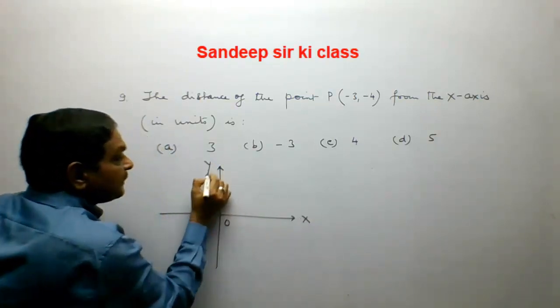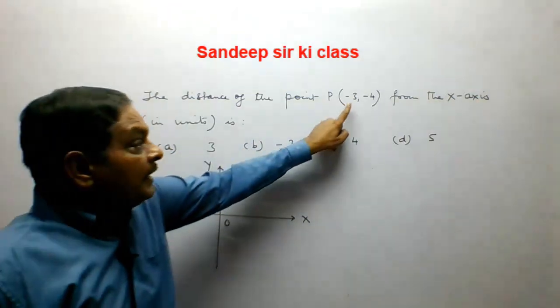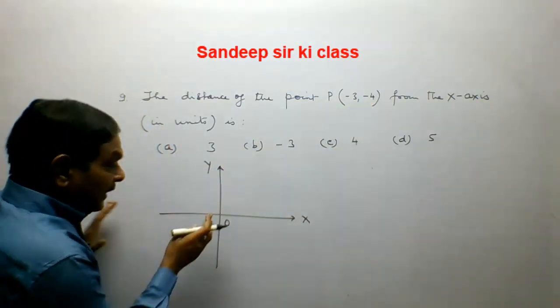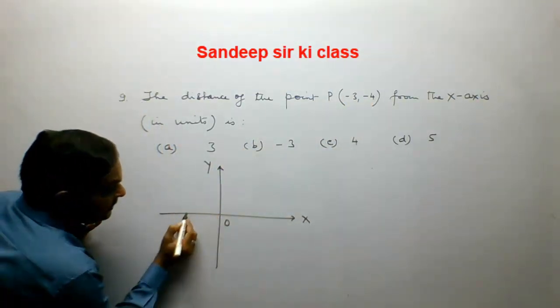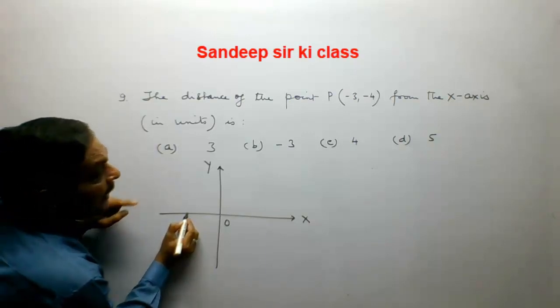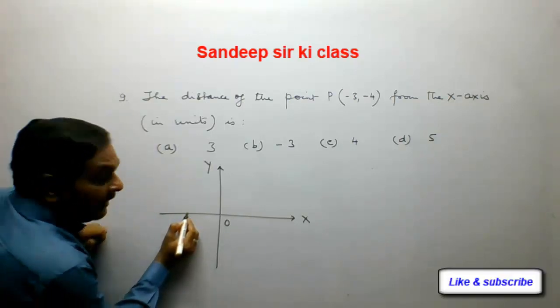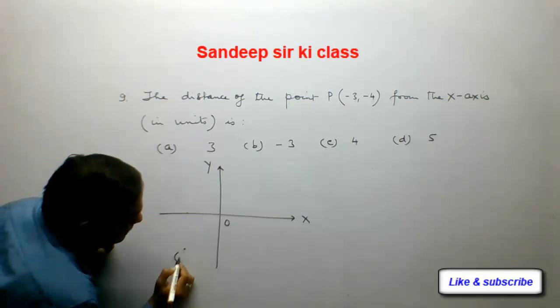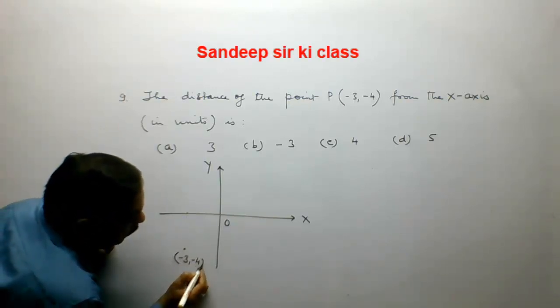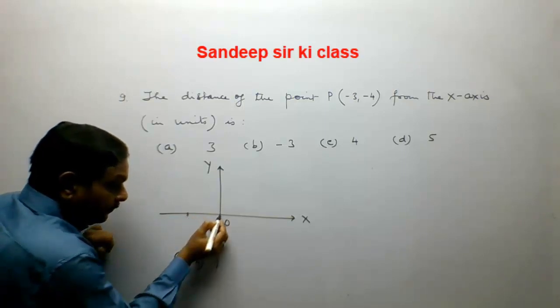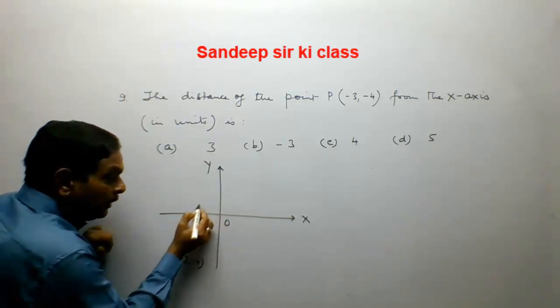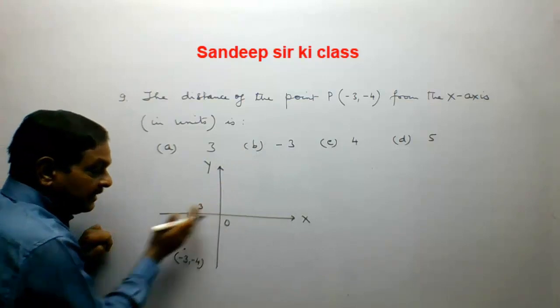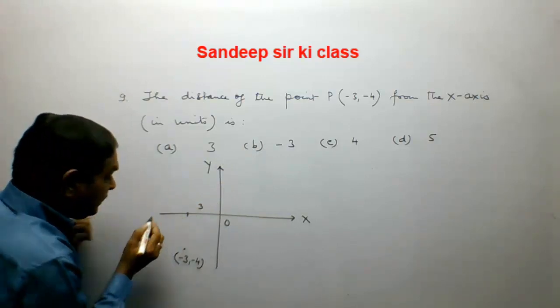Origin is this. Now, coordinate is -3, -4. X is in negative direction, so it is in this direction. And y coordinate is also negative direction, so the point is here. -3, -4.